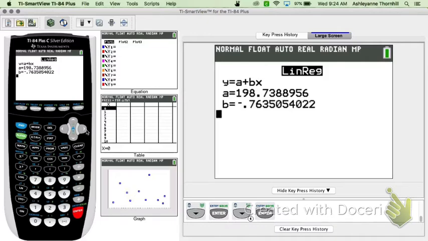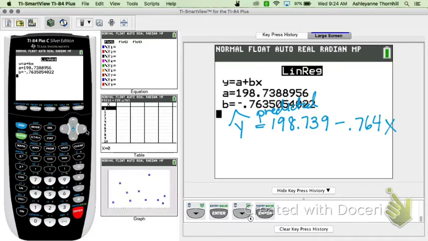So I would write this as y hat, and the hat means predicted y, equals 198.739. Let's go out 3 decimal places. Minus 0.764x, where y hat represents what?